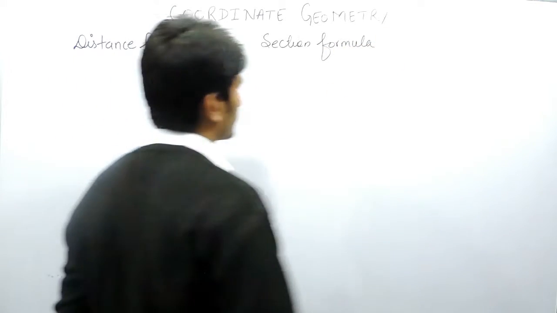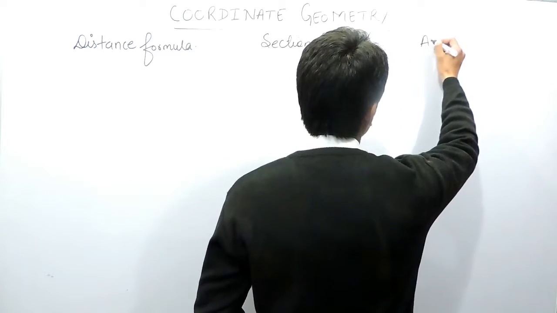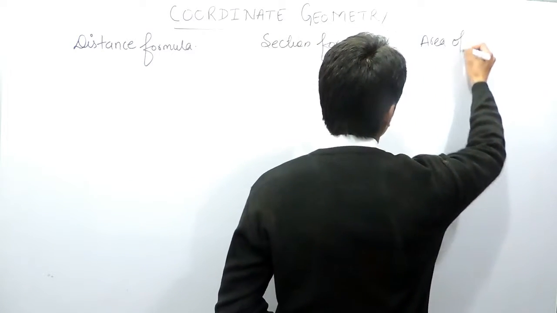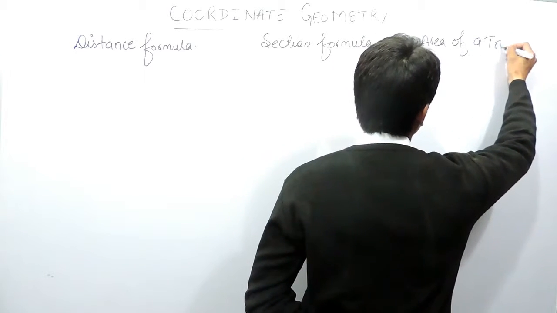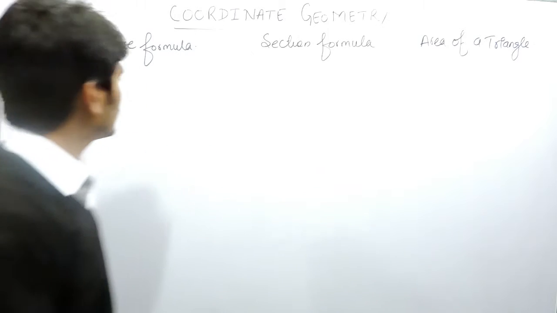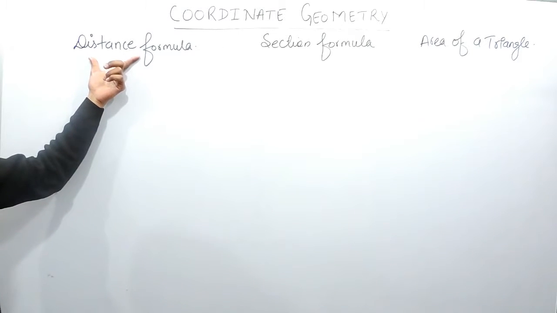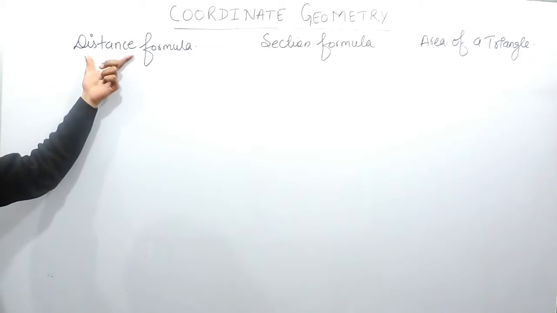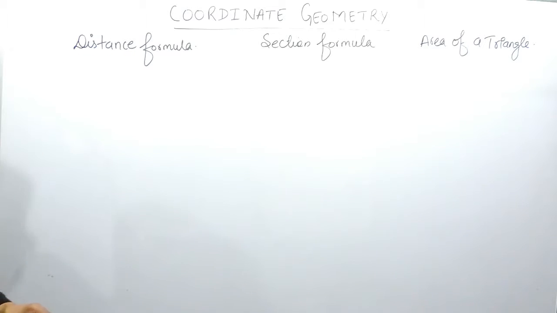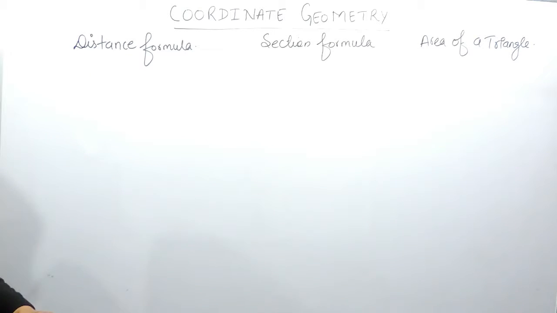And the last is the area of a triangle. These are the three things in your syllabus, and in this video we are going to discuss the distance formula, or you can say the questions that may be asked in your exams related to this topic.